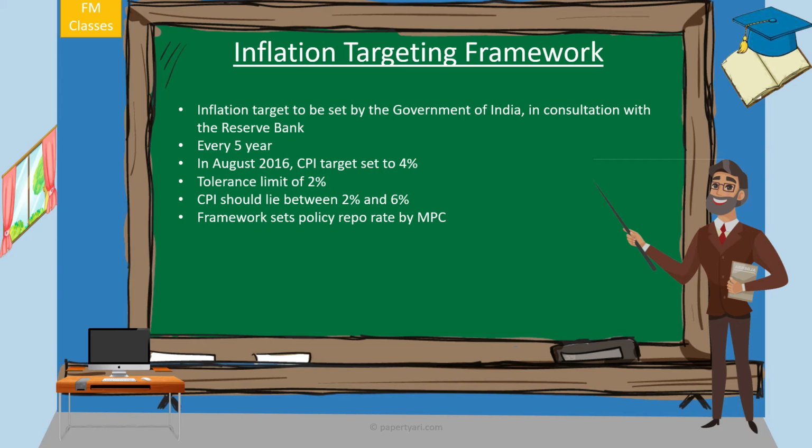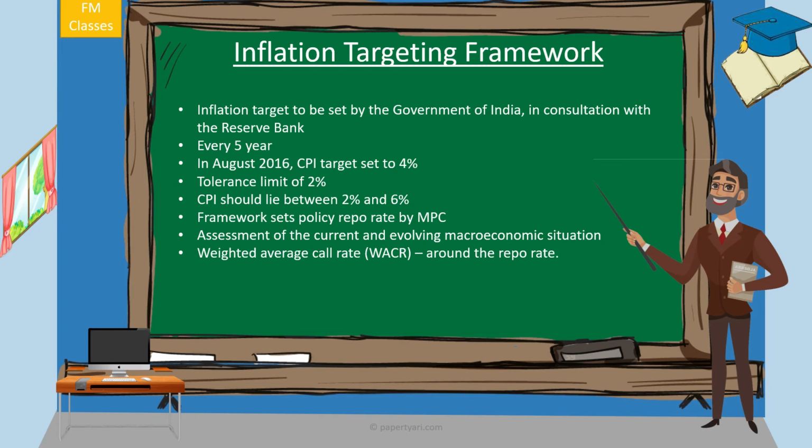According to this framework, MPC sets the repo rate as its policy rate, and whenever you see RBI come out with a monetary policy statement, it always tries to focus on the repo rate. So the repo rate is the policy rate of the inflation targeting framework. And the policy rate is set after assessing the current and evolving macroeconomic situation in the country.